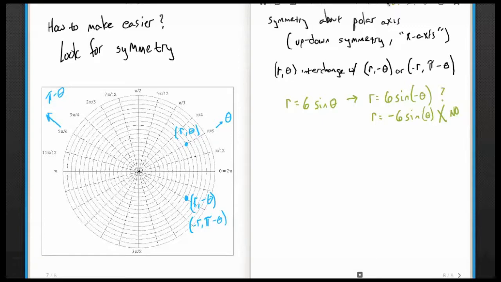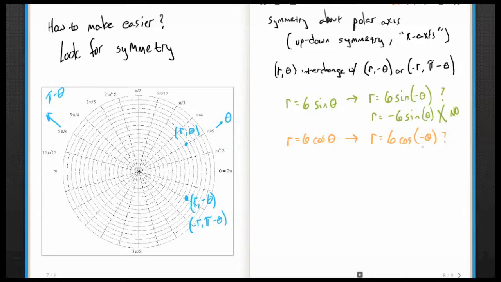What about the orange one we did? Let's change that to orange, which was, I believe, r equals 6 cosine theta. And that means r must equal 6 times the cosine of negative theta. That doesn't look like a theta, but you know what I'm trying to say.